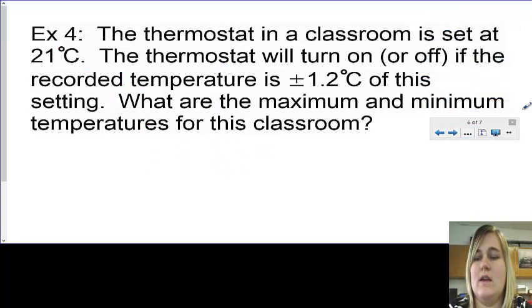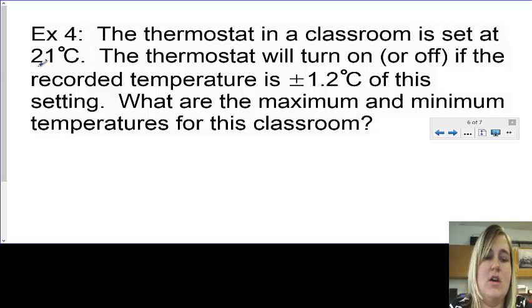Alright. Last example here. A thermostat in a classroom is set at 21 degrees Celsius. The thermostat will turn on or off if the recorded temperature is plus or minus 1.2 degrees Celsius of this setting. What are the maximum and minimum temperatures for this classroom?